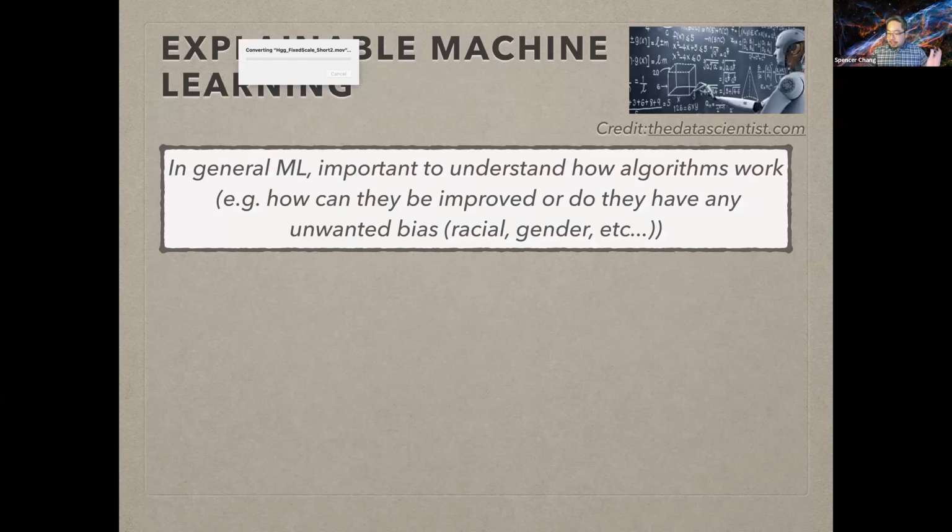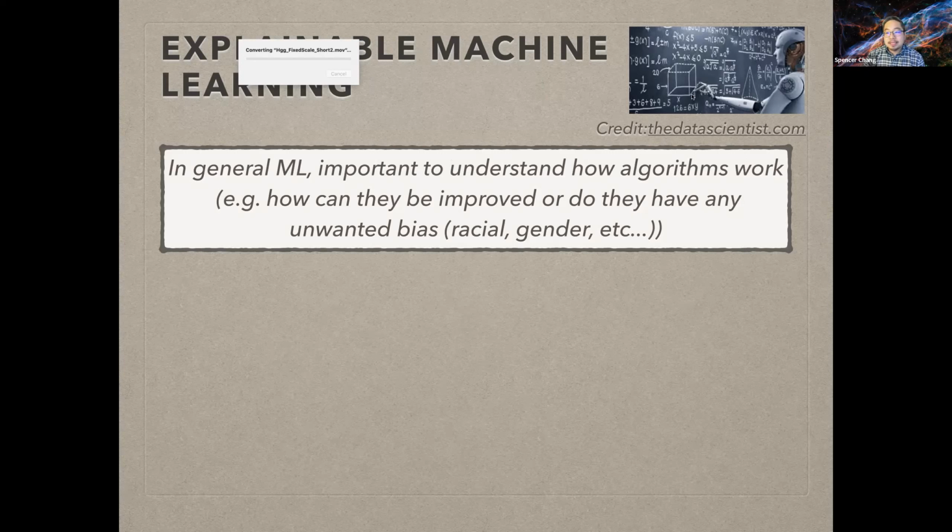The more specific thing I want to talk about is that in machine learning, there's been a big emphasis that we need to understand how the algorithms work. Sometimes it's called explainable machine learning. You have this provocative robot who's now doing math and probably proving or calculating things.